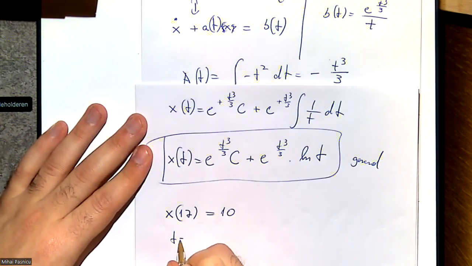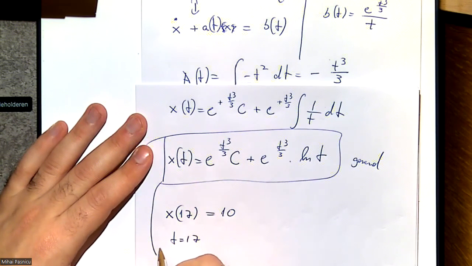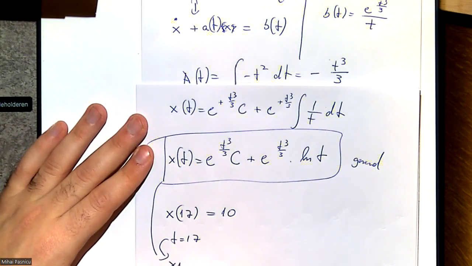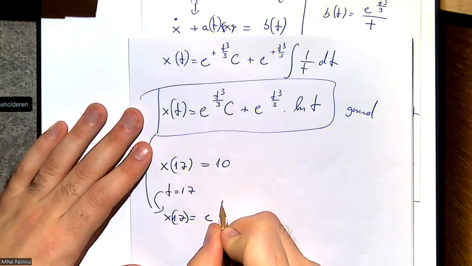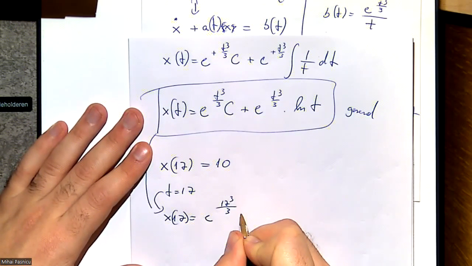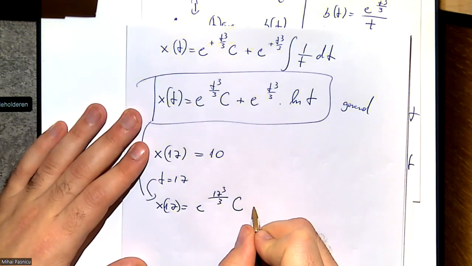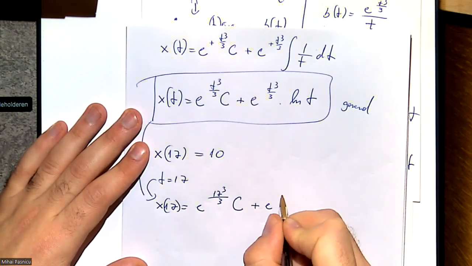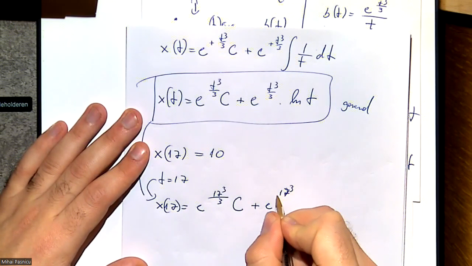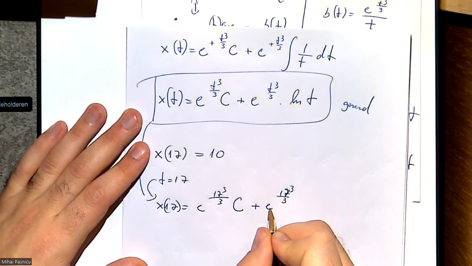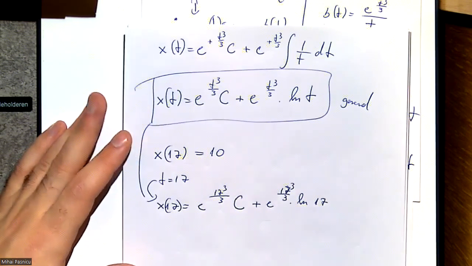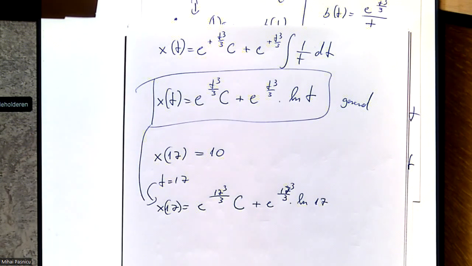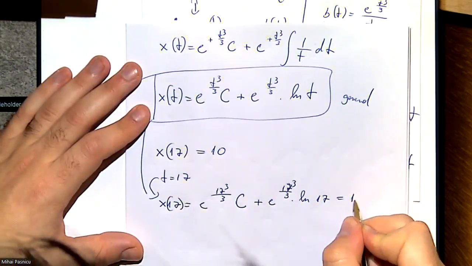What do we do? T equals 17 in this thing. We plug it in. x of 17 is equal to e to the minus 17 cubed over 3 times a constant, plus e to the minus 17 cubed over 3 times ln of 17. I honestly hope that on the exam the numbers are nicer than this, but you know, this is 10.